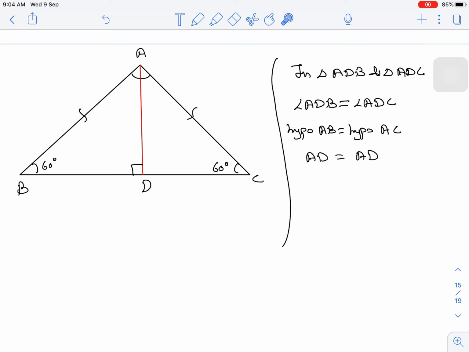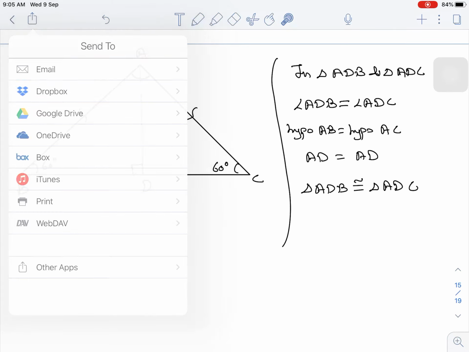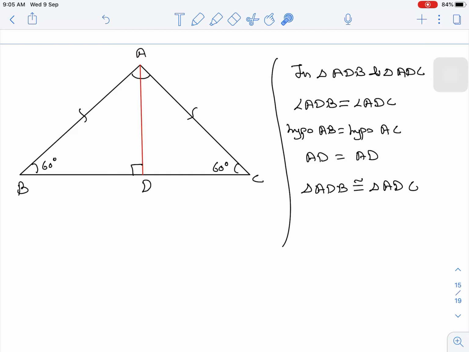Now three parts of the first triangle are equal to three parts of the second triangle. Therefore triangle ADB is congruent to triangle ADC.